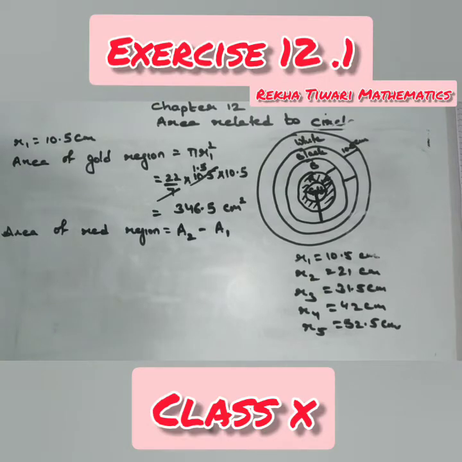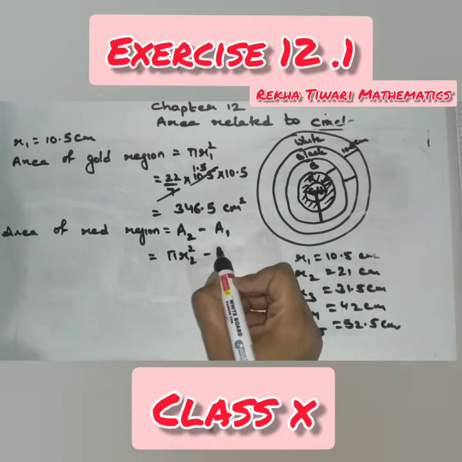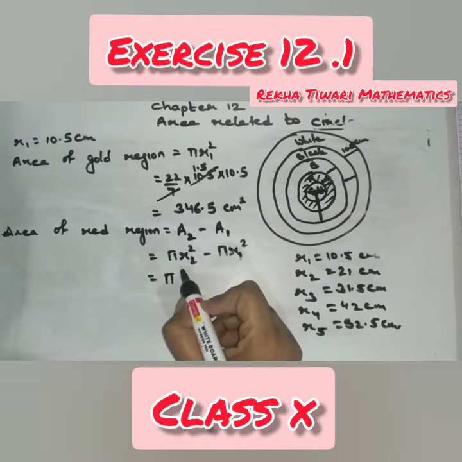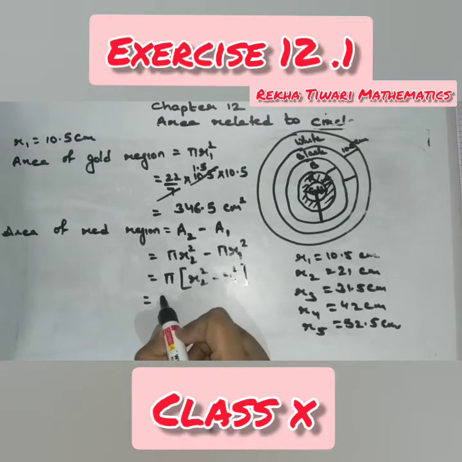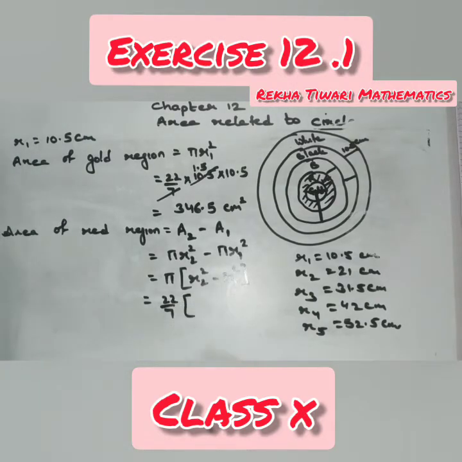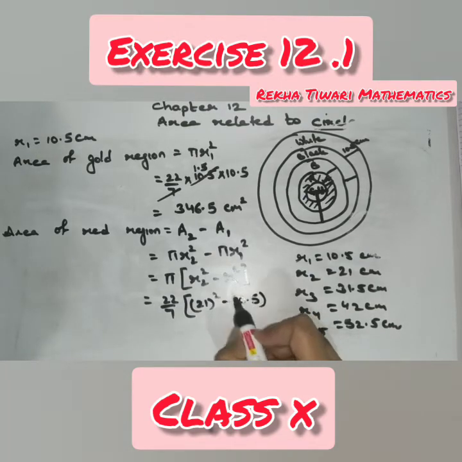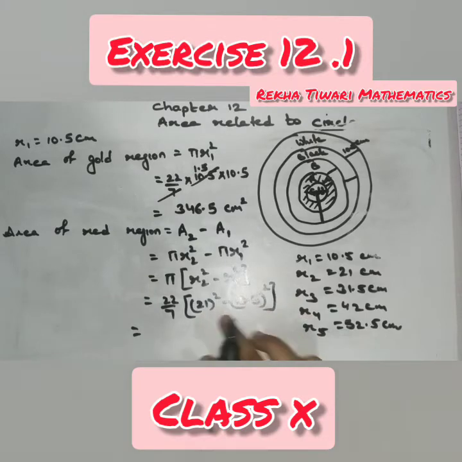Let us represent this by A2 and A1. So area of second circle will be pi r2 square, and this is pi r1 square. Take out pi common. This is r2 square minus r1 square. Put down the value 22 by 7. What is r2? r2 is 21 square minus 10.5 square. For your convenience, you can calculate like this: a square minus b square is a plus b, a minus b.